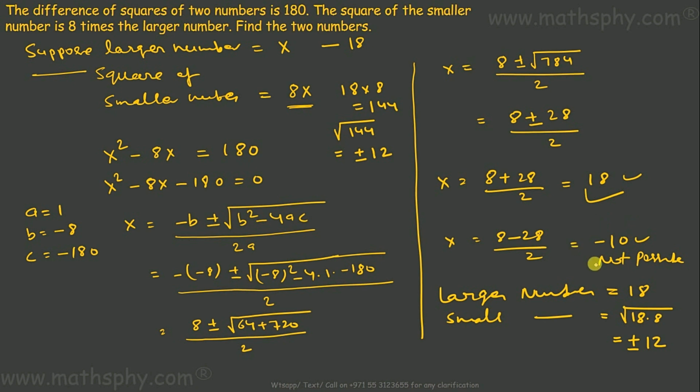If you try this with negative 10, the square of the small number would be 8 into minus 10, which is minus 80. The square of any number cannot be negative. So this is wrong. That is why the larger number is 18 and the smaller is plus minus 12. That's the answer. Alright?